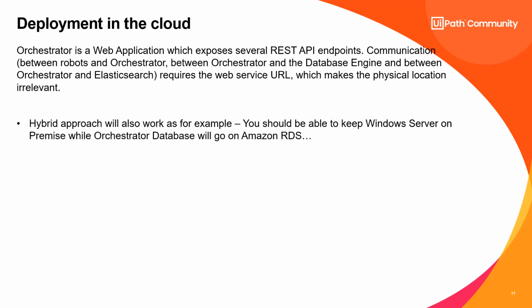That means even if they are at different physical locations, physical location is irrelevant, provided there is network connectivity between those locations. So you should be able to install your UiPath Orchestrator anywhere from where it can connect to the database, and to Studio and Robot, because the Studio or Robot services will be using web services to communicate with the Orchestrator.